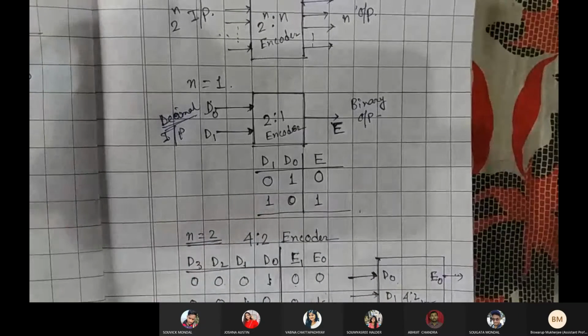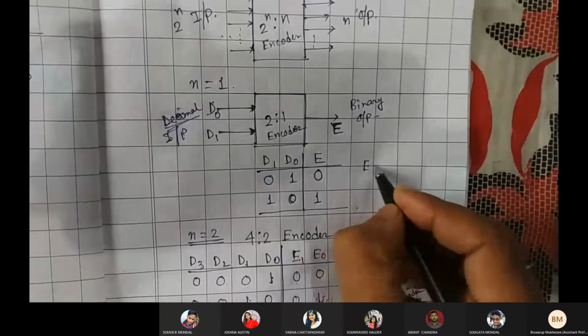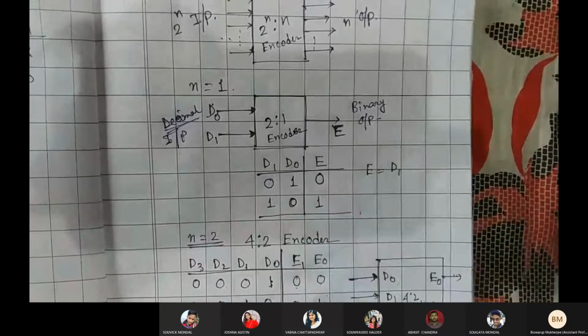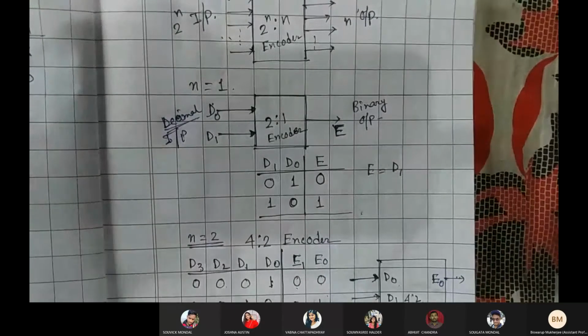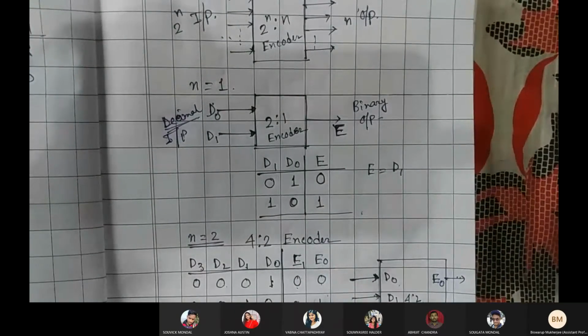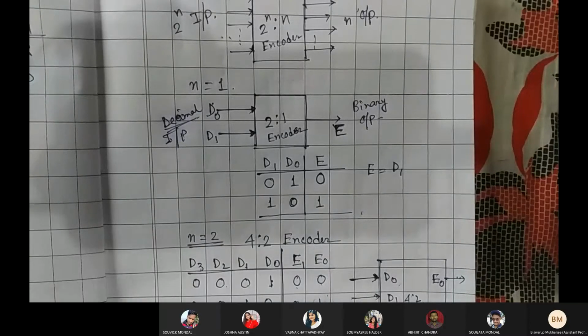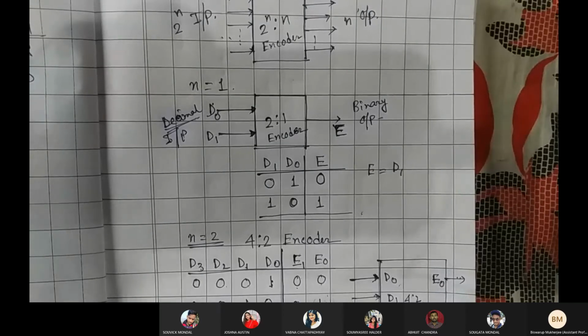So we can write E is equal to D1. It is high for D1, right? So this is a simple circuit for the 2:1 binary encoder and your 4:2 encoder.